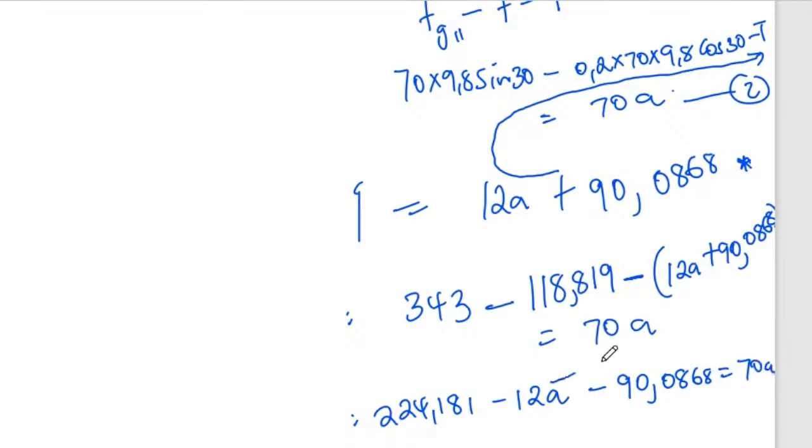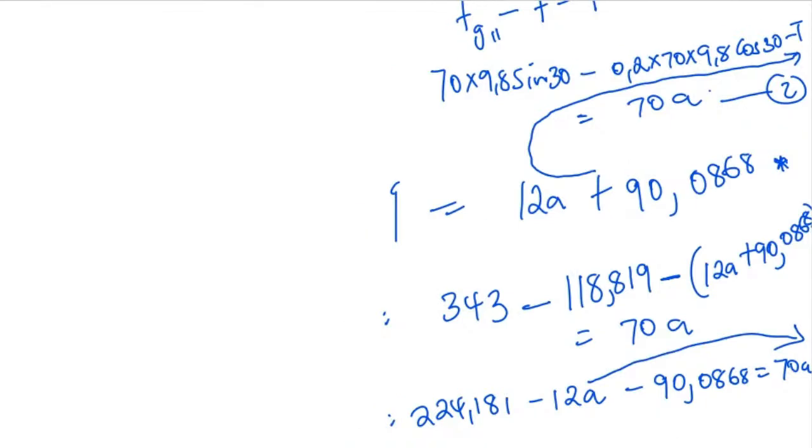So I can move this 12a to that side. That's going to give me 82a equals 224.181 minus 90.0868, I'm getting 134.0914.